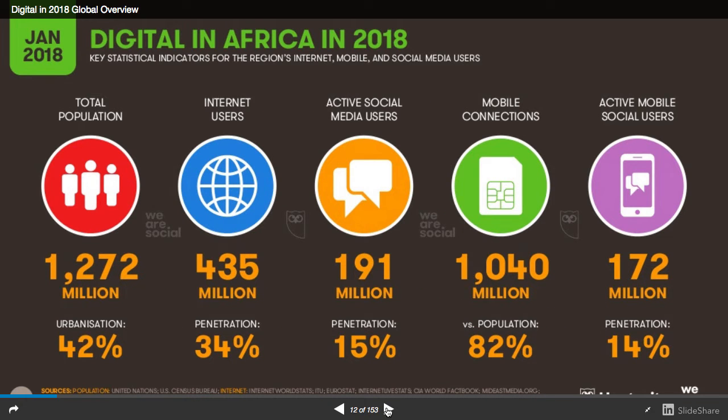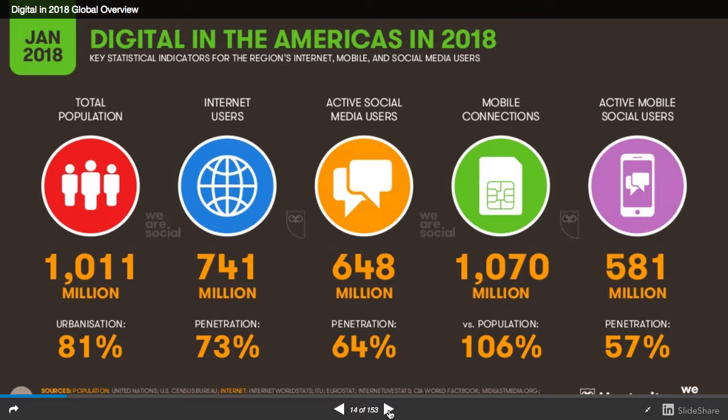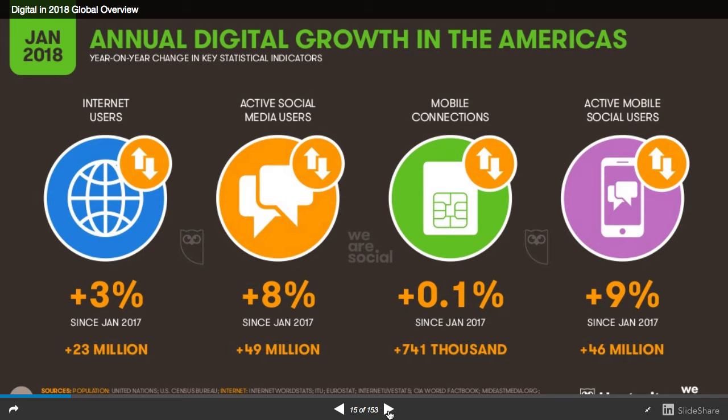Then they talk about growth in Africa, probably the largest growing area for digital. And of course, you could see 20% of the population just since 2017. Everybody's growing. In the Americas, I guess that would include South America as well.